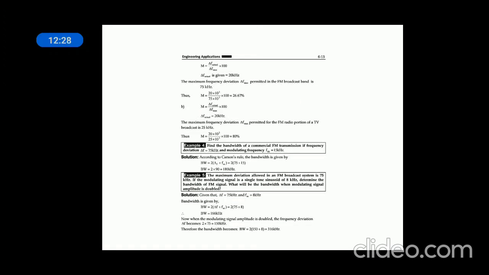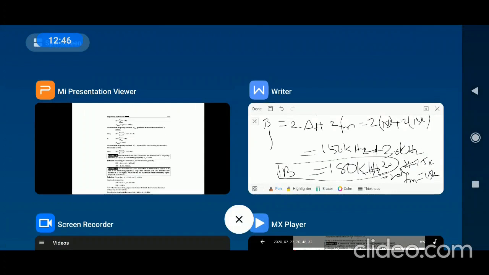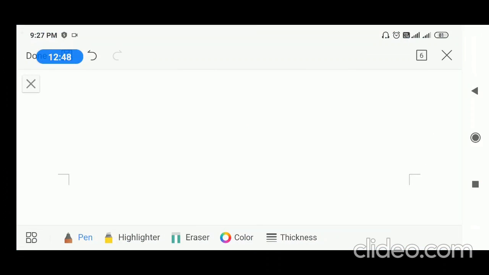So you are asked to find out two things. One is the bandwidth, the other is what happens to the bandwidth when the amplitude is doubled. First we will see the given data. The given data is frequency deviation, delta F, equal to 75 kilohertz.